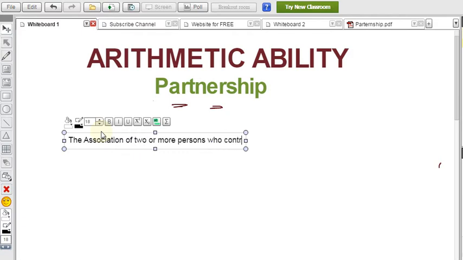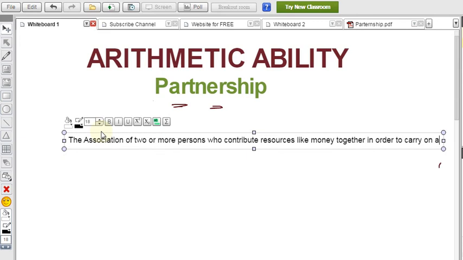who contribute resources, like money, and many other things, together in order to carry on business, is known as a partnership.